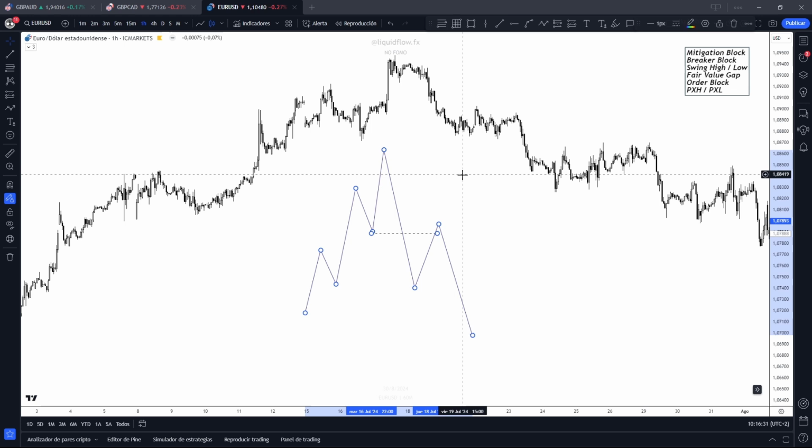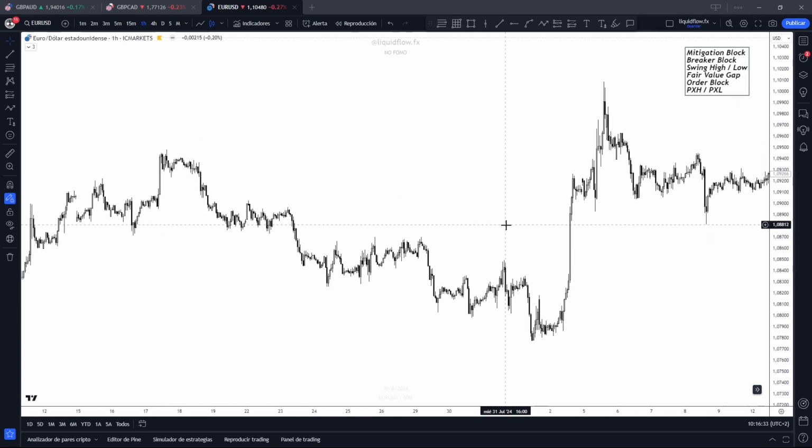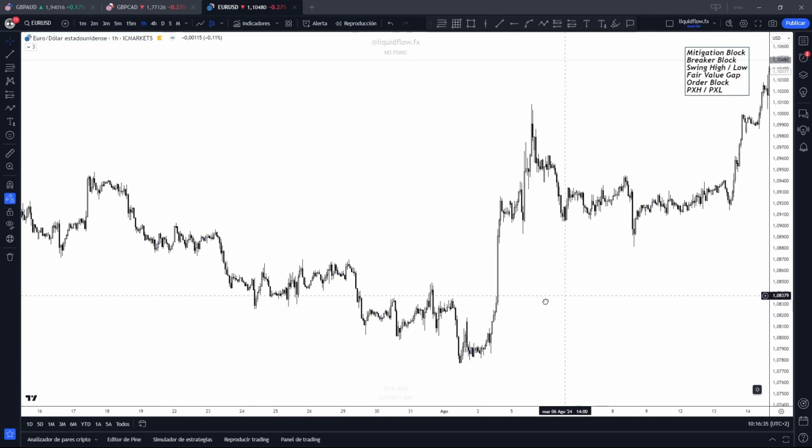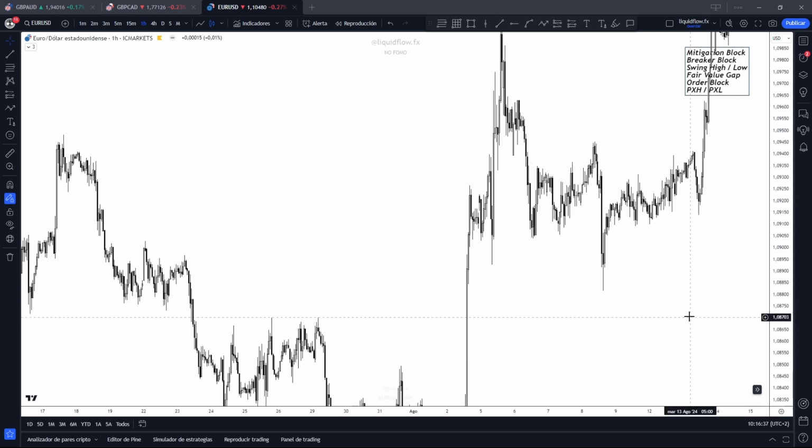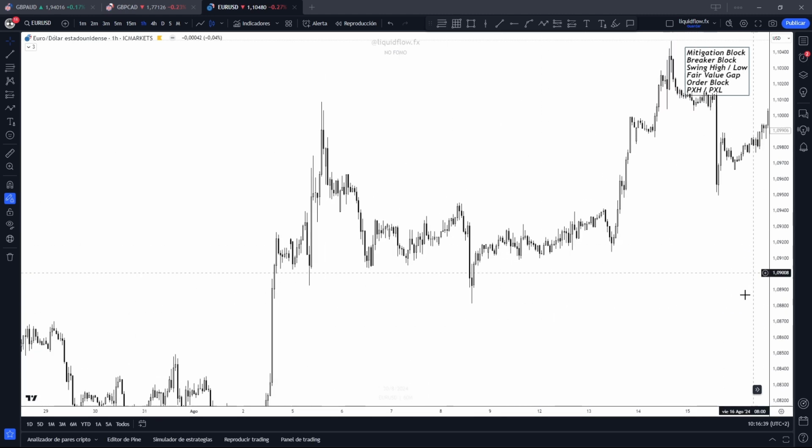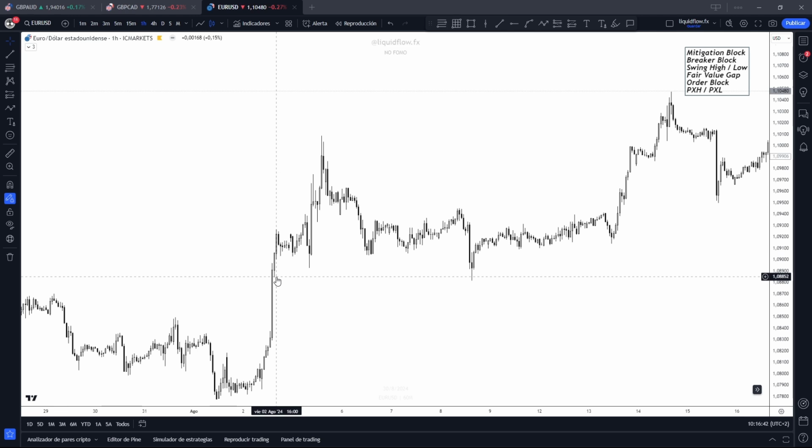So let's see some example. Okay, in this case, this is not the best, but let's use it. What do we have? We have this swing high, swing low, swing high, swing low, swing high, and then we have this break from here. In this case, this will be our breaker block.